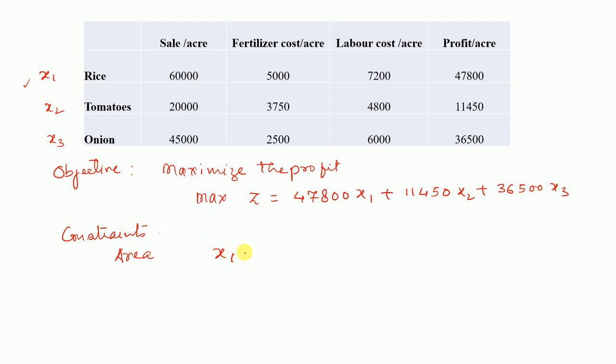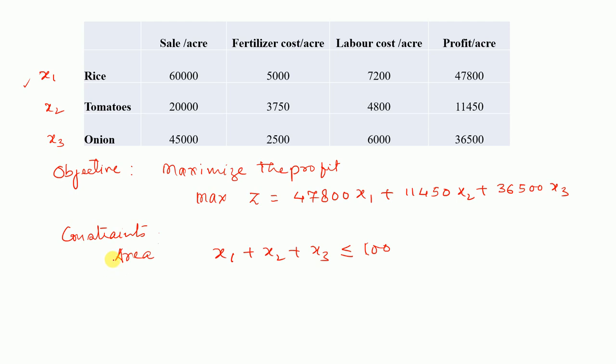So the first one is x1 plus x2 plus x3 less than or equal to 100. He can utilize the complete farm or less than 100 as per his wish. So this is the constraint with respect to area.